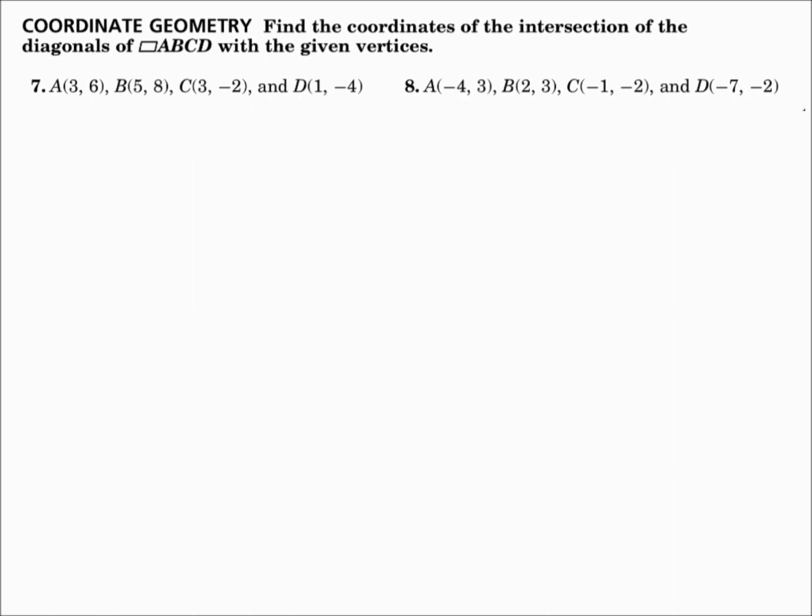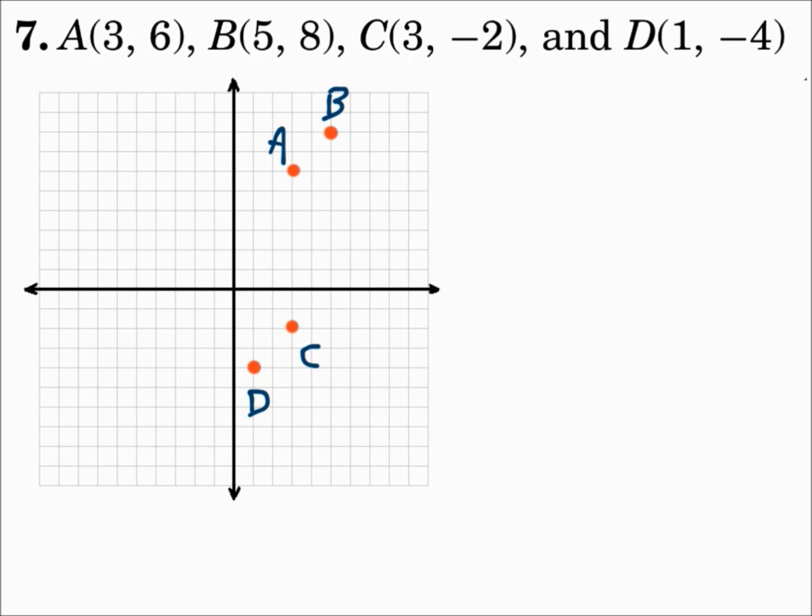Find the coordinates of the intersection of the diagonals of parallelogram ABCD with the given vertices. For number 7, we have the parallelogram with these vertices. So plot those points and draw the parallelogram.